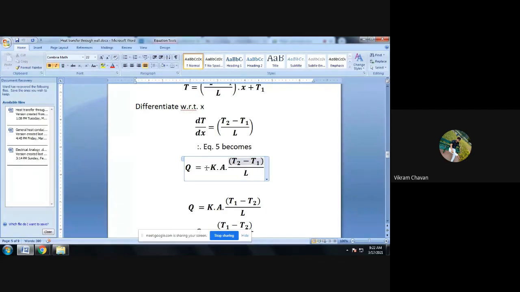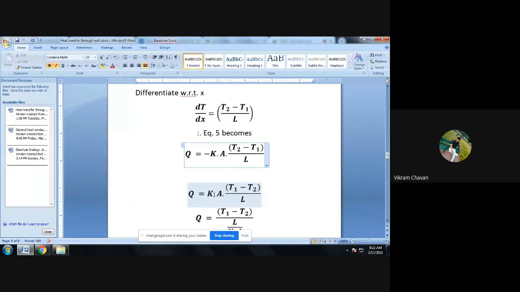After absorbing the negative sign, T2 becomes minus T2 and minus T1 becomes plus T1. So our equation becomes Q is equal to K multiplied by A multiplied by (T1 - T2) divided by L.